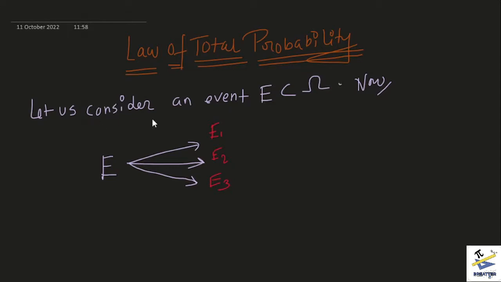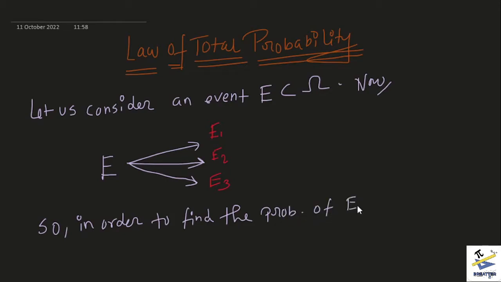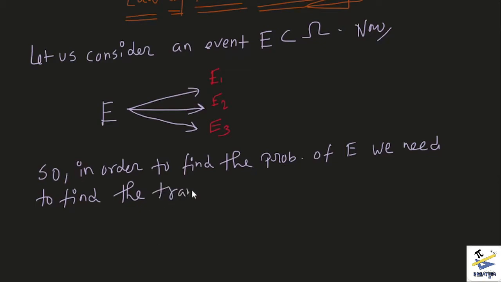Now, in order to find the probability corresponding to E, we need to find the transition probabilities of the sub events, obviously the sub events being E1, E2, E3.